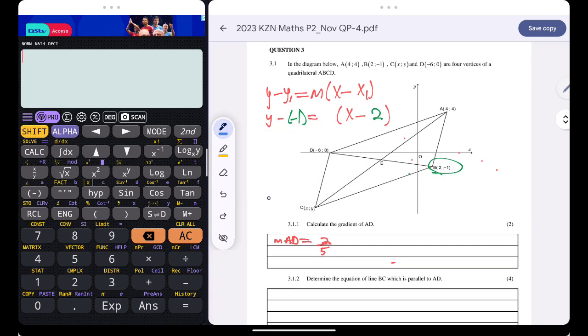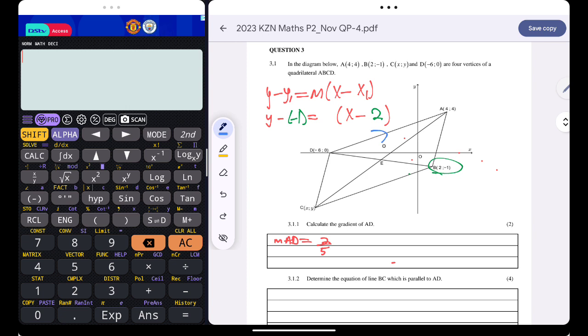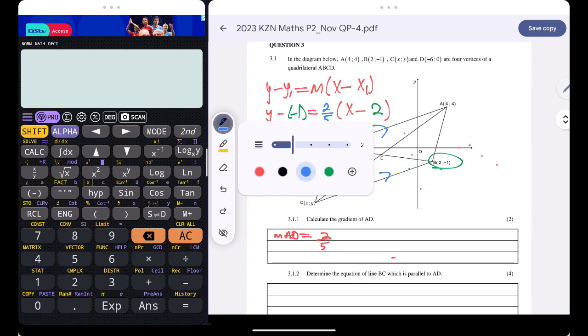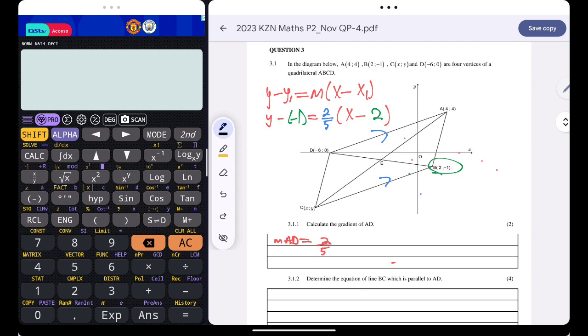And then for the gradient, I was told that these 2 lines are parallel. Parallel lines will always have the same gradients. Are you together? So I'll simply have 2 over 5 here. And then now I can find the equation of my line. I'll have y plus 1 equals 2 over 5 times x minus 4 over 5.